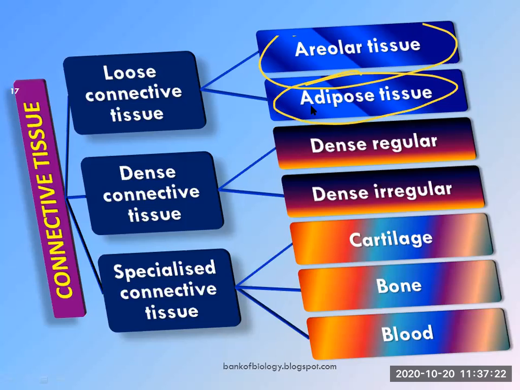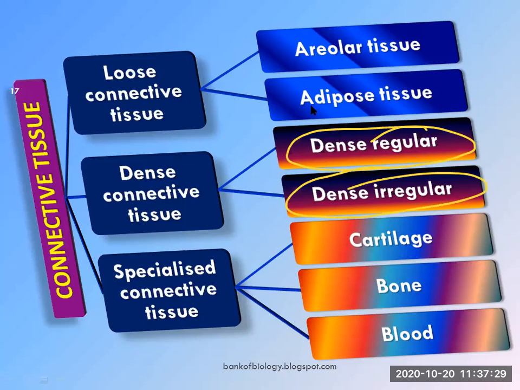Dense connective tissue is further classified into dense regular and dense irregular connective tissue. Then specialized connective tissue includes cartilage, bone, and blood.